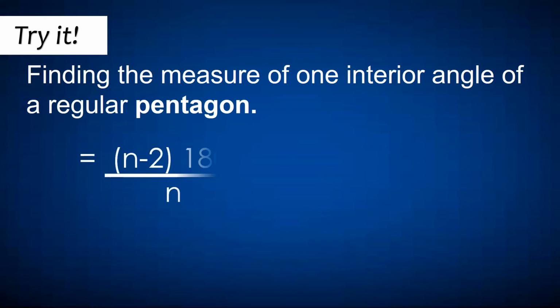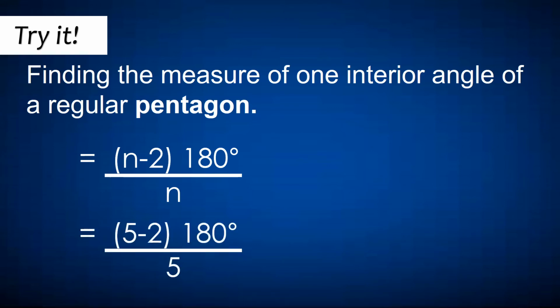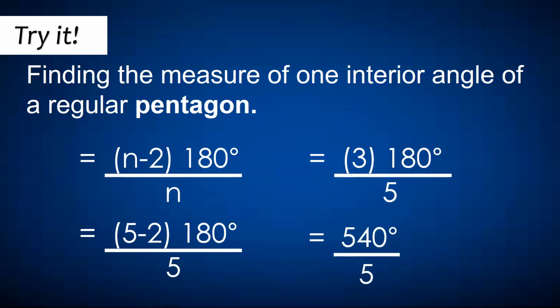So kung gusto mo lang gamitin yung formula, di ba ito yung given, all you have to do is substitute kung ilan yung sides ng pentagon dun sa n. So ang pentagon ay may 5 sides, kaya 5 minus 2 is 3 times 180 over 5. 180 times 3 is equal to 540 over 5. And 540 divided by 5 is equal to 108 degrees.